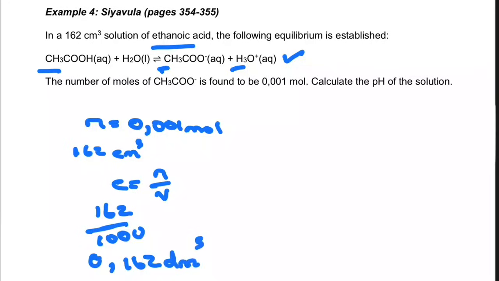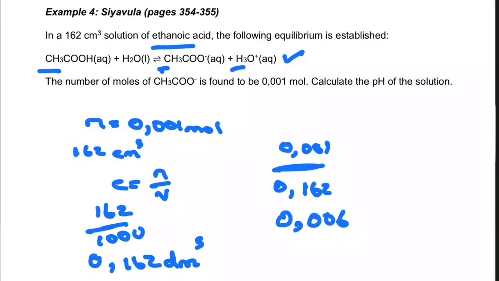To calculate the concentration of this H3O plus, we divide the number of moles, 0.001, by the volume, 0.162. That gives us 0.006 moles per decimeter cubed.